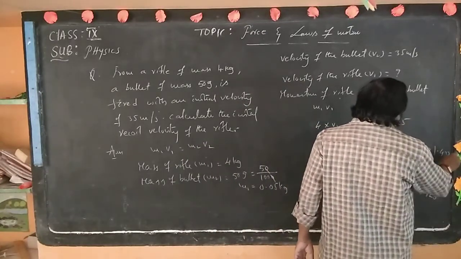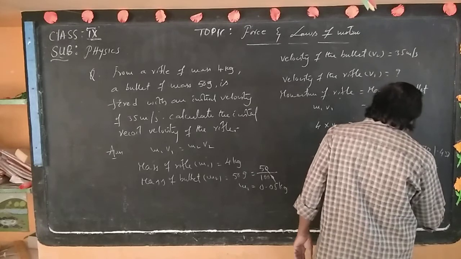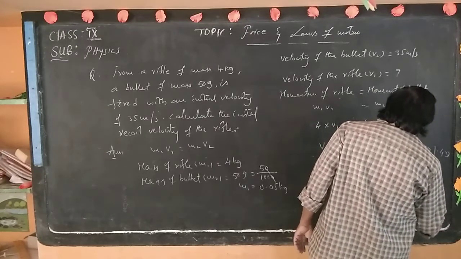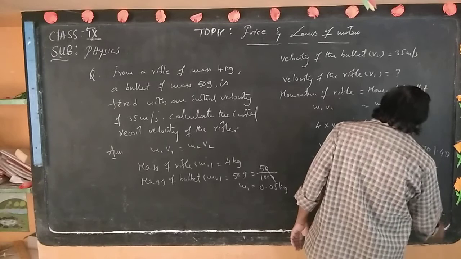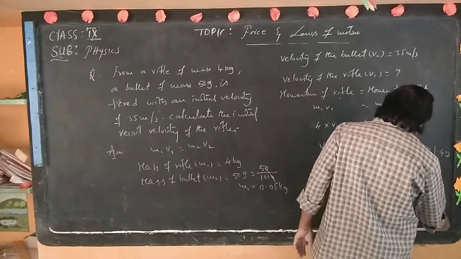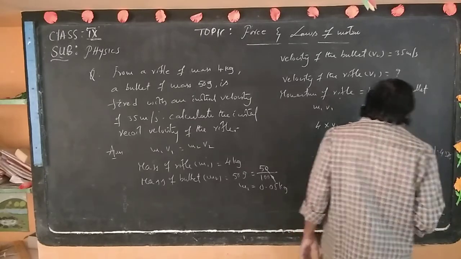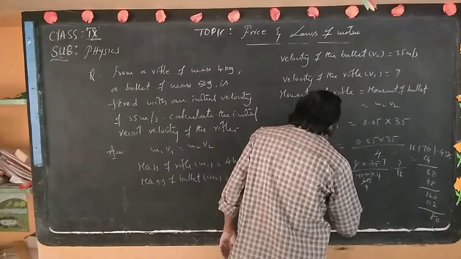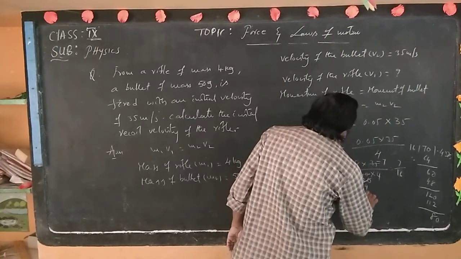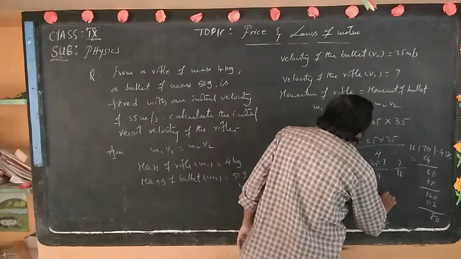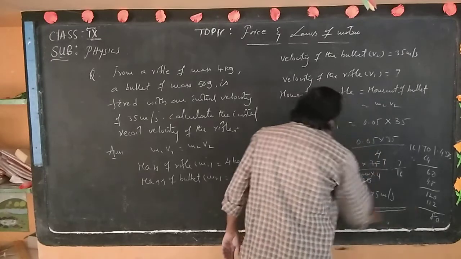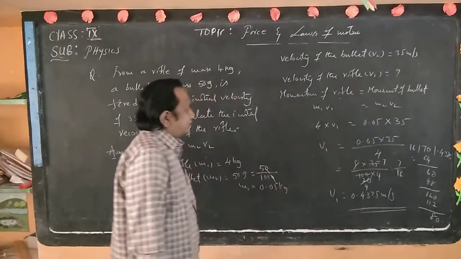So V1 is equal to 0.4375 meter per second. That is the velocity of the rifle.